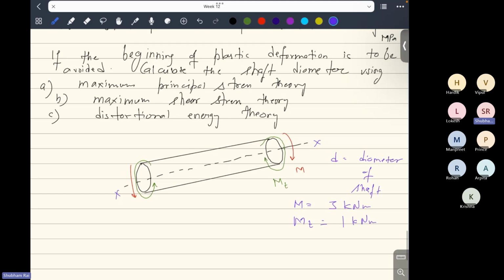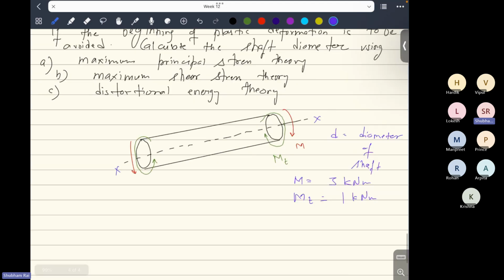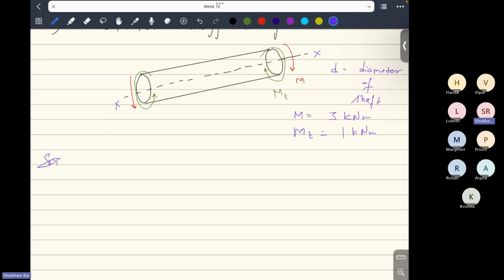So we can calculate the equivalent bending moment. Do you remember the formula for the equivalent bending moment? It comes from a derivation. You can derive it using the Mohr circle.